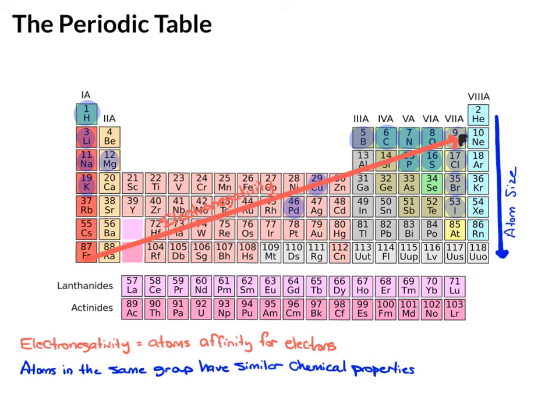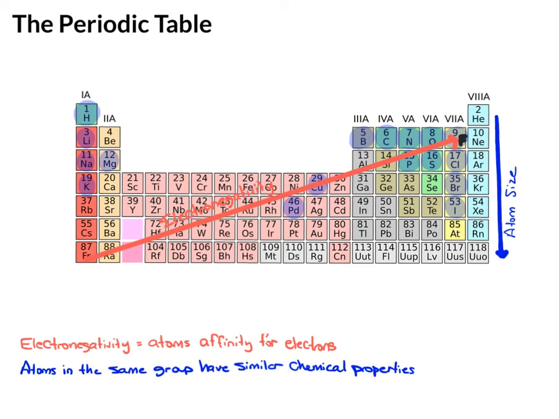So in terms of how we're going to apply this to bonding and really talking about electronegativity, things that like electrons, things that don't like electrons, we can kind of split the periodic table down the middle. So just to give us a little more space, I'm going to hide the lanthanides and actinides. And you might remember from general chemistry that the atoms in group 5A, 6A, and 7A tend to gain electrons to become more stable.